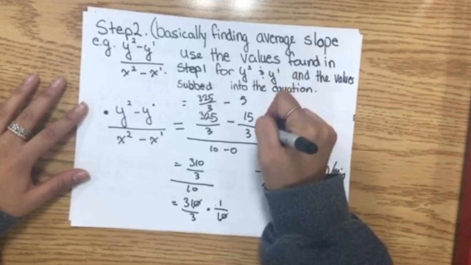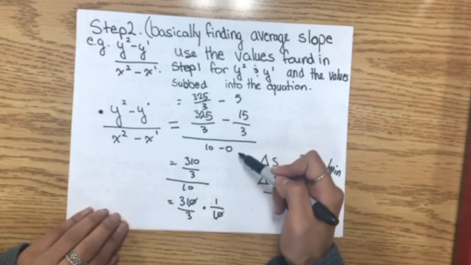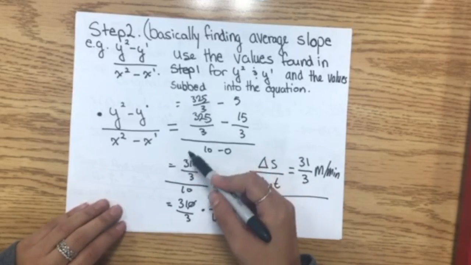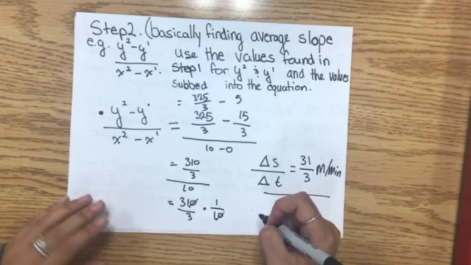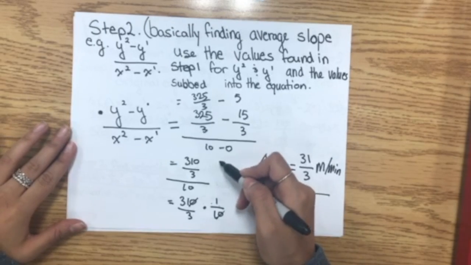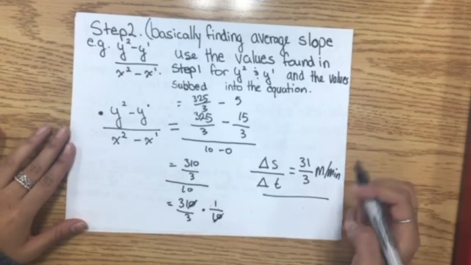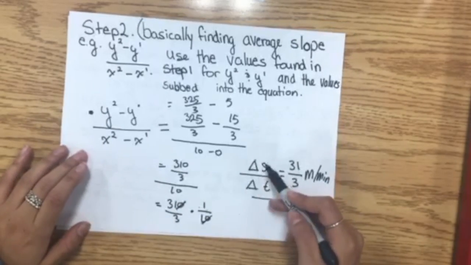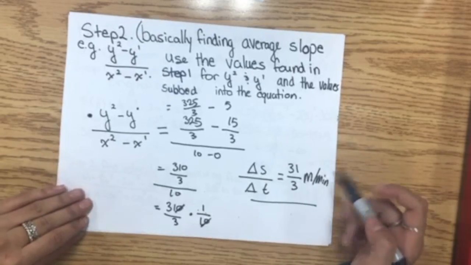We multiply by 3 to make it easy to subtract. Then we do 10 minus 0. We're then left with 310 over 3 divided by 10. Then we flip 10 and multiply by its inverse. We cross out the 0, and we're left with the change of s over the change of t, which is equal to 31 over 3 meters per minute.